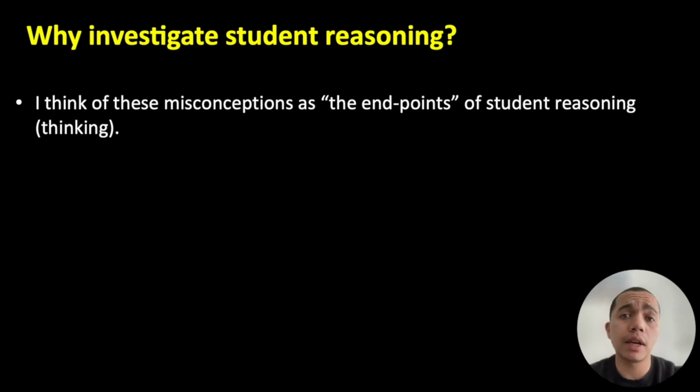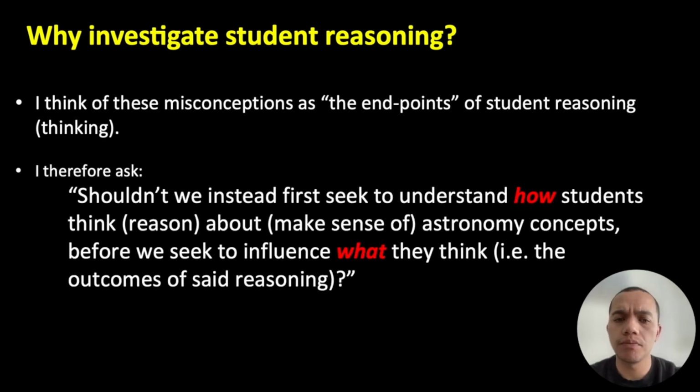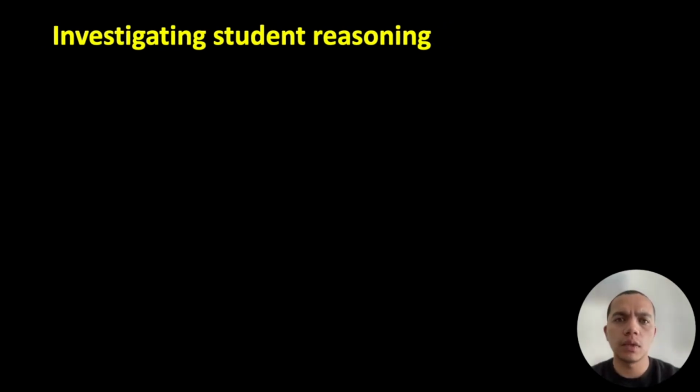And then, given the fact that these misconceptions are well documented in the literature, I put forward the following question in my dissertation. Shouldn't we instead first seek to understand how students think or reason about astronomy concepts before seeking to influence what they think or the outcomes of their reasoning?